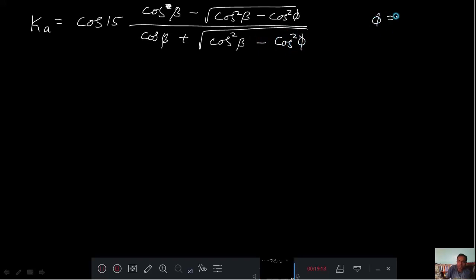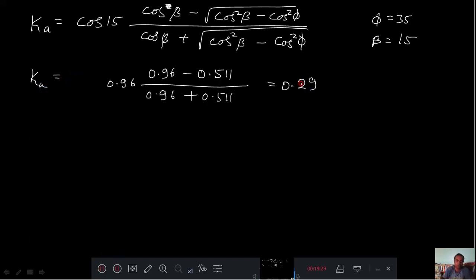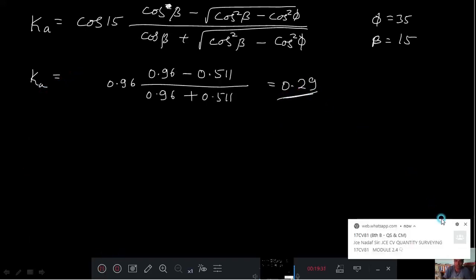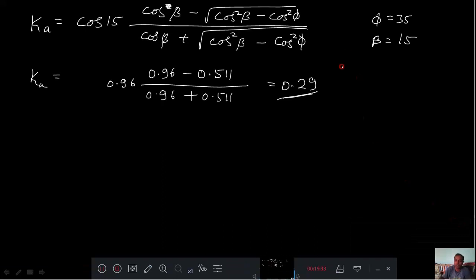Then phi equal to 35 degrees and beta equal to 15 degrees. You substitute and you will get Ka equal to 0.293.